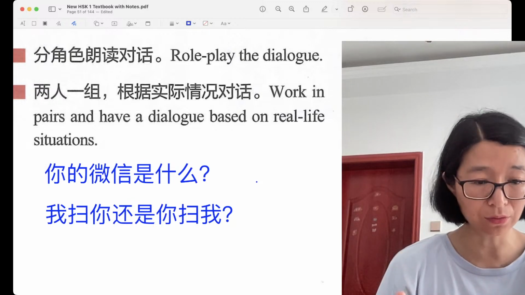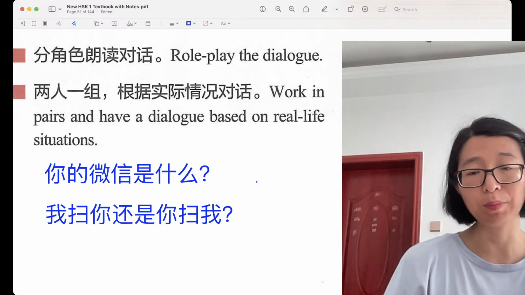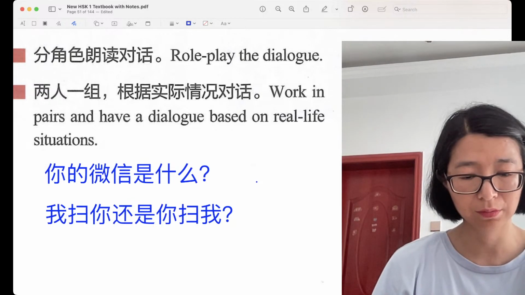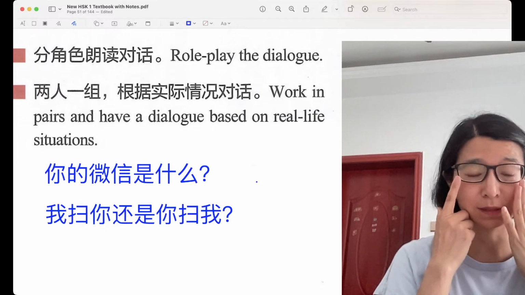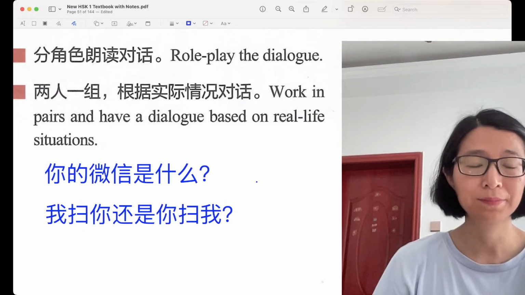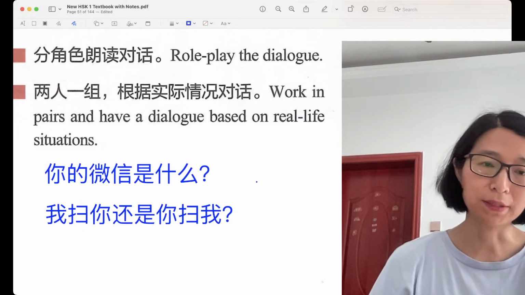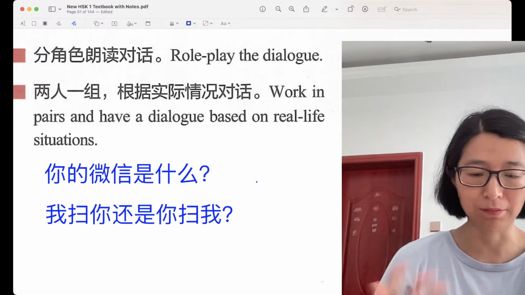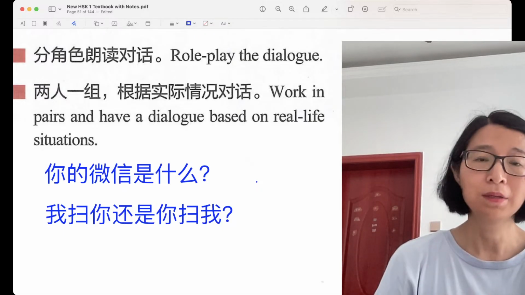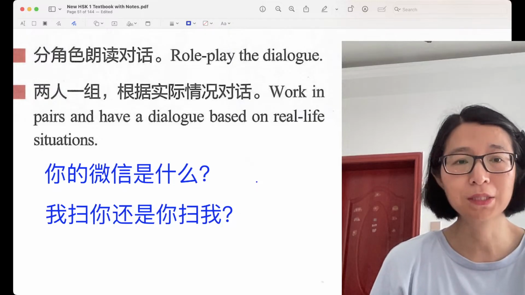So I scan you, because it's easier for people to show their QR code. So always try to be polite in China. Try to get other people's WeChat instead of phone number.